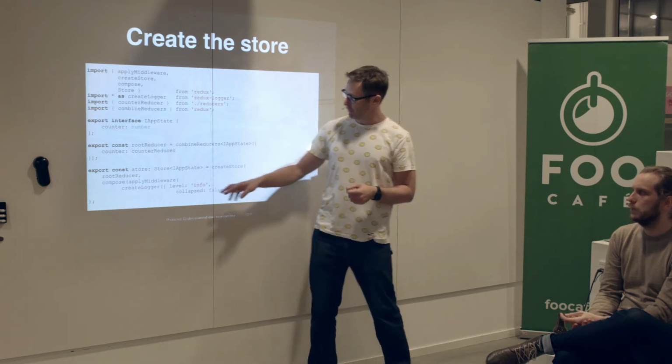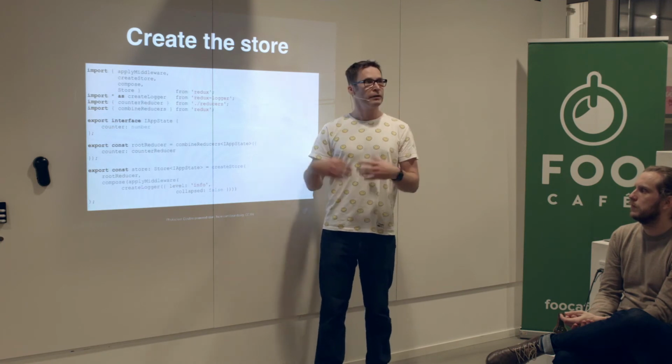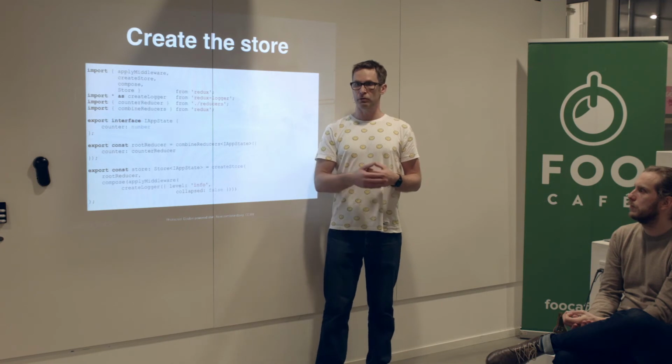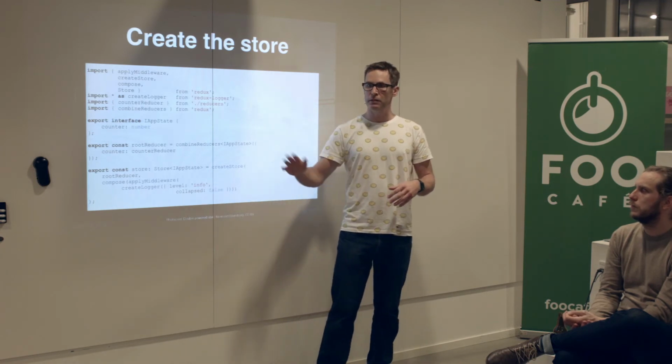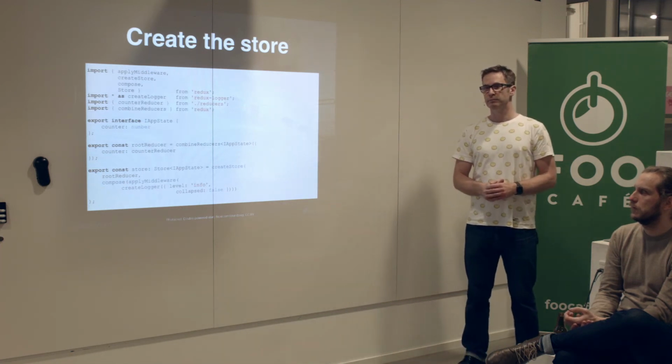And here we have a logger, which means that every time there is an action and state change, it should log it to the console so we can follow it. So this is a middleware that just listens there and handles everything in between.